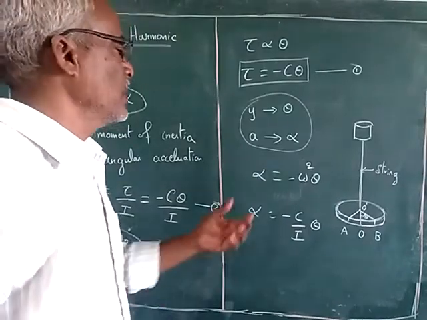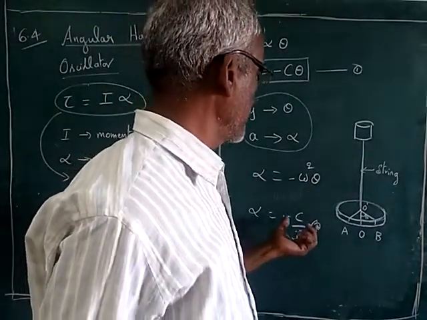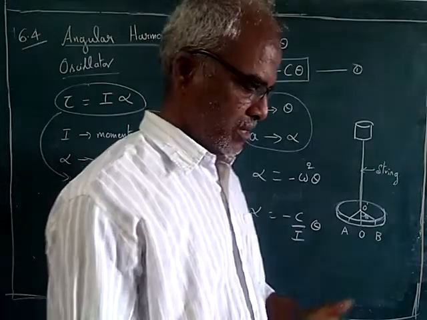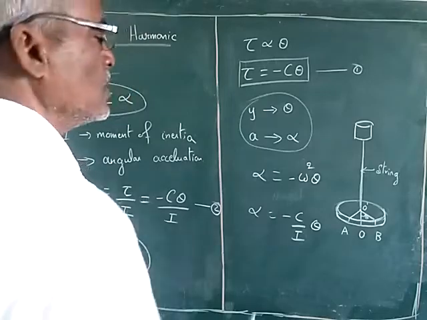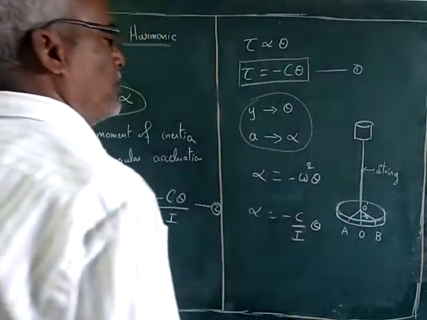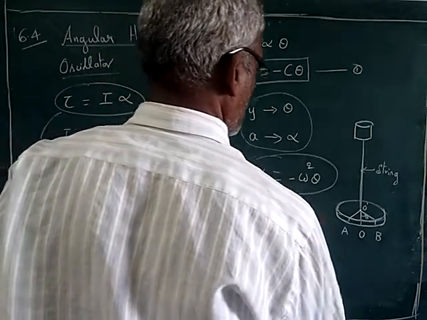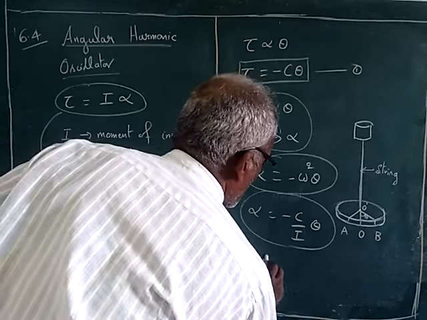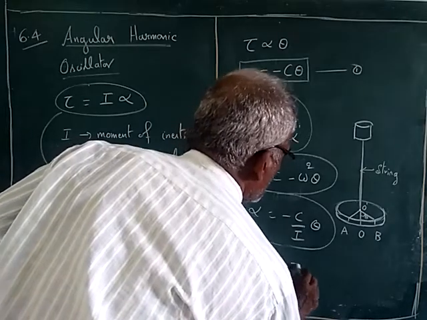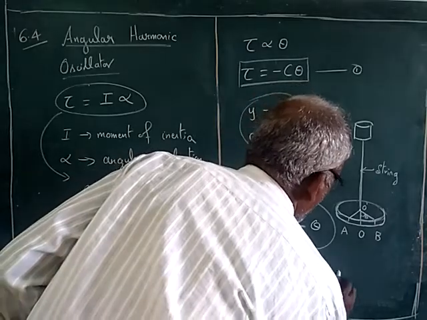Now we have two relations: alpha is equal to minus omega square theta and alpha is equal to minus c by I theta. Therefore these two equations can be equated. So we have minus omega square theta is equal to minus c by I theta.